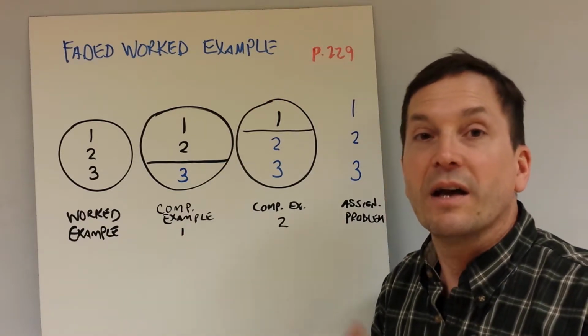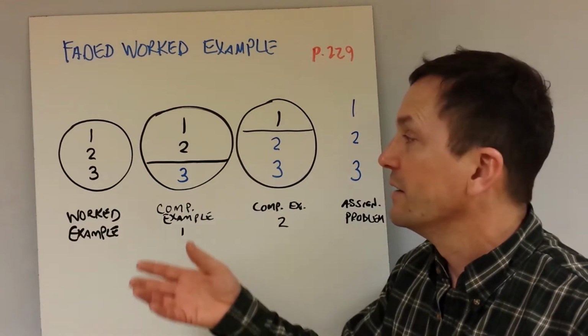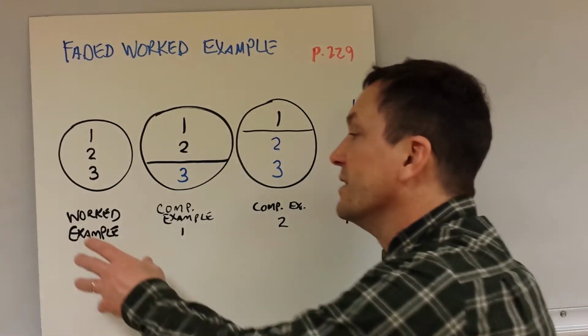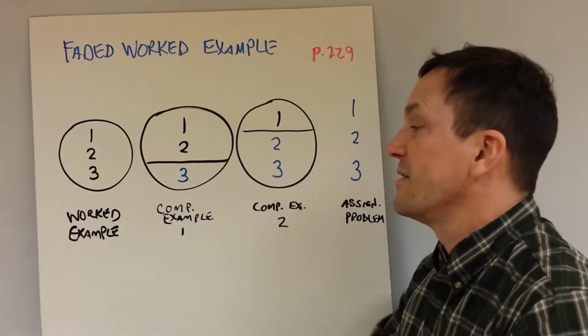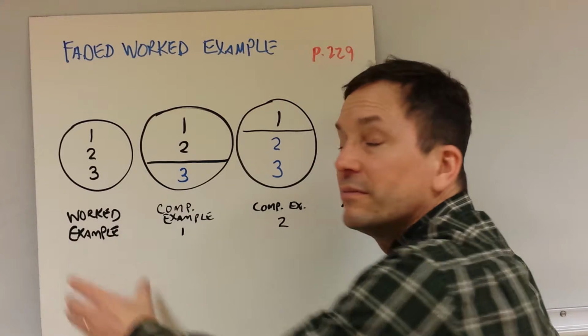Then you want to pick a skill, just one skill. Don't make it complicated, and you're going to demonstrate that skill. I realize that in the assignment it says not to do this, to focus in on this, but I think in order for that to happen, we need to have this section here.